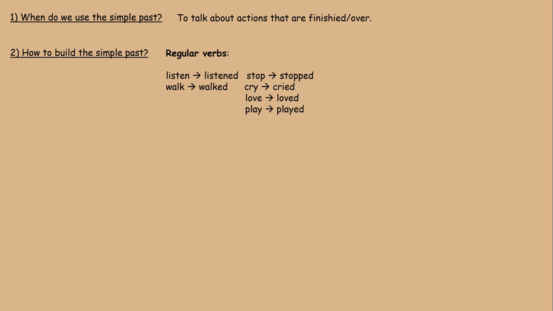Well, there are regular verbs like listen, listened, walk, walked, stop, stopped, cry, cried, love, loved, play, and played, as well as irregular verbs go, went, have, had, be, was, were.